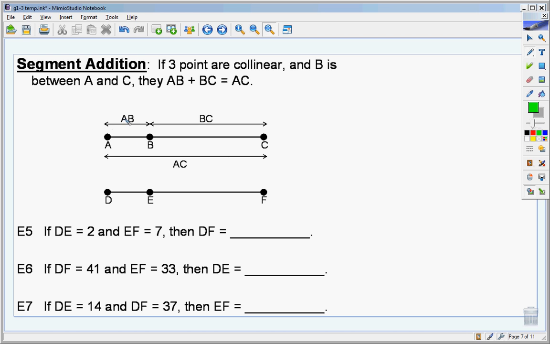They're saying if I take AB plus BC, that it's going to be equal to AC. And that should make common sense.